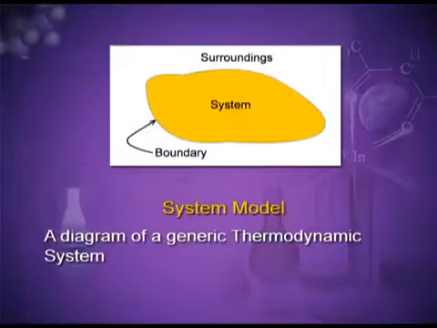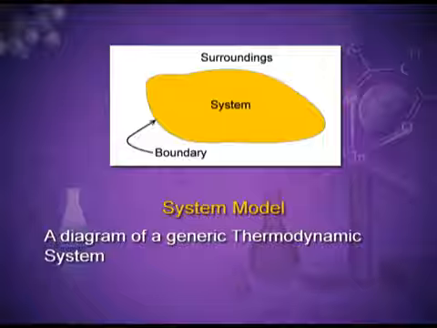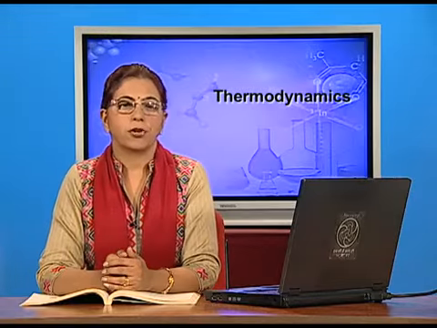For example, if we are doing an experiment in a beaker or a test tube, then that beaker or test tube is the system, and the rest of the universe is surroundings. Here I want to explain that the whole universe is not regarded as surroundings because it is not interacting with that test tube or the beaker. Only that part of the surrounding which is interacting with the system is known as the surroundings. And there can be a real or imaginary boundary between system and surrounding.